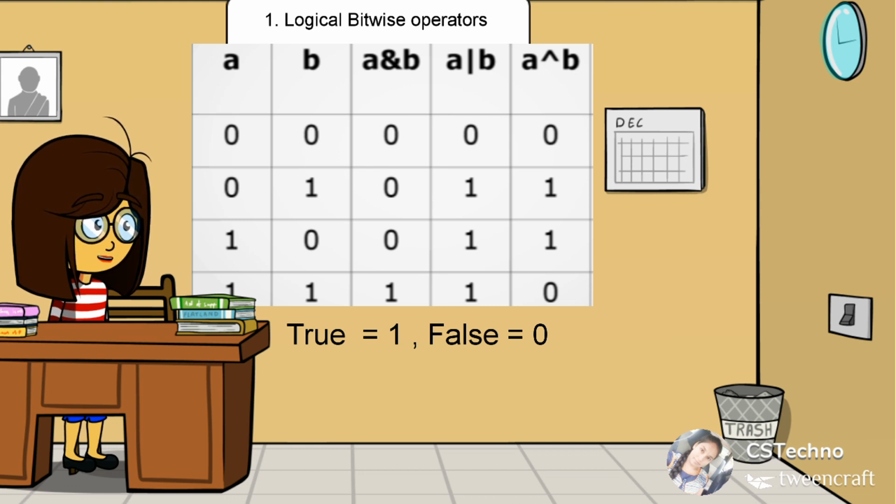Second, A is 0 and B is 1. So the AND operator returns the value 0. Third, A is 1 and B is 0. So the AND operator returns 0. The last one, A is 1 and B is 1. Both operands are 1, which means true.